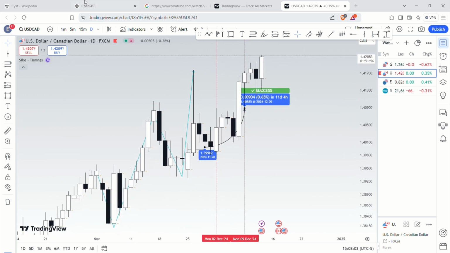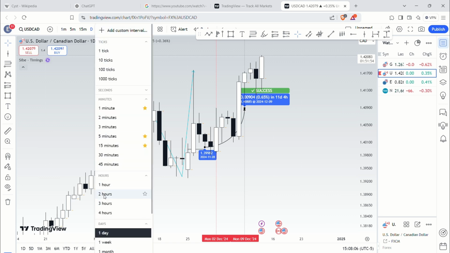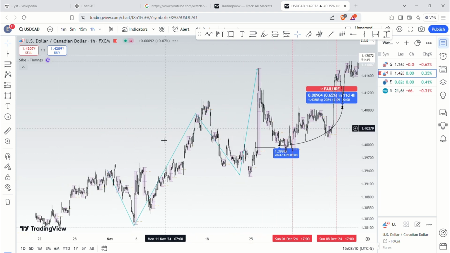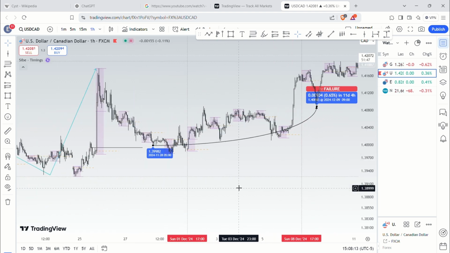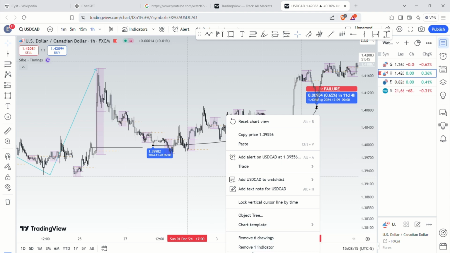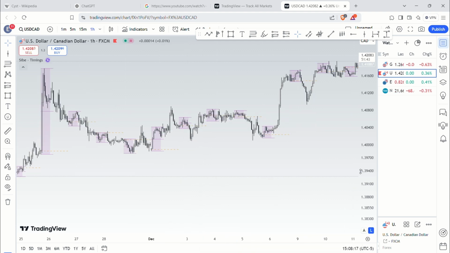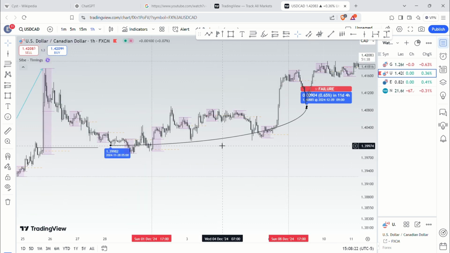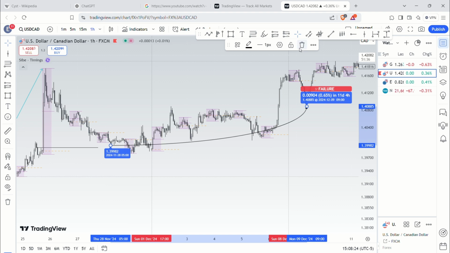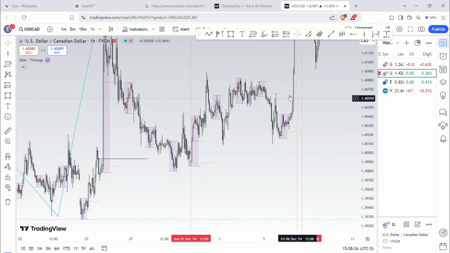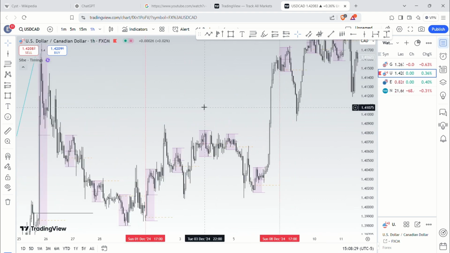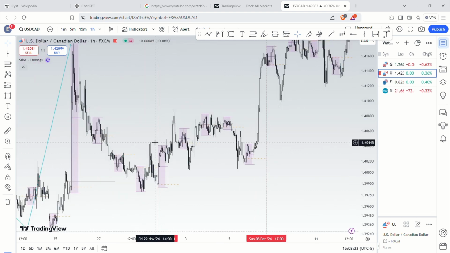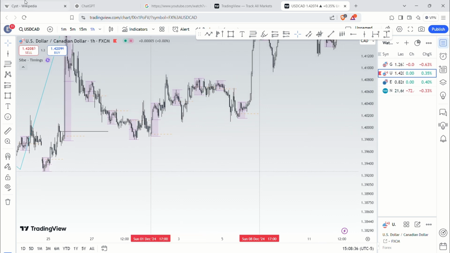So this is it. So now we go on the intraday time frames. And this is the 1 hour time frame. Let me delete these annotations. So right here, we are on the 1 hour time frame.